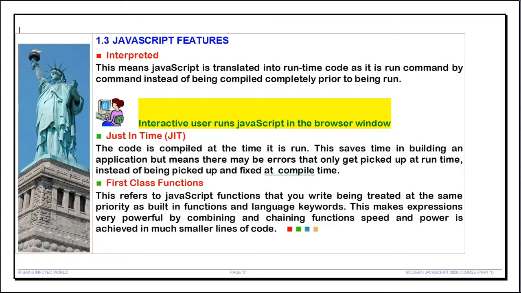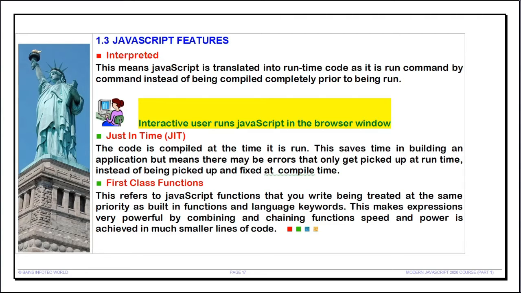So this makes it simpler to change and edit and run JavaScript because you save time by not having to compile it. And when you run it, the JavaScript engine will process the JavaScript commands and create a runtime code, and that code is run by the JavaScript engine.